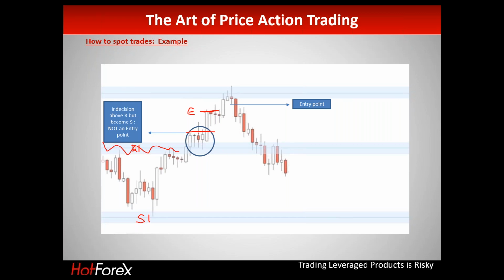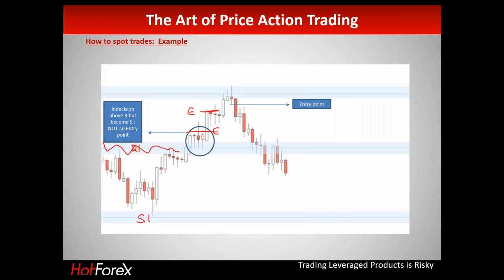Once it breaks above it, then we could get an entry level. So in this example, the long position should have started on this jump higher over here.